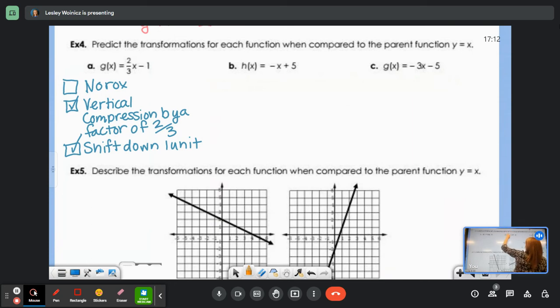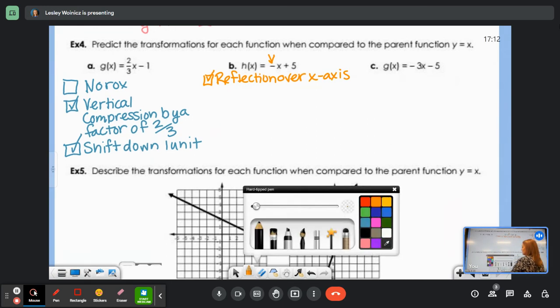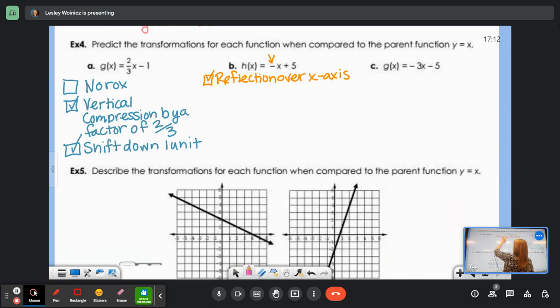All right, the first thing I see is that we have a negative slope. So a negative slope tells me that I have a reflection over the x-axis. Okay, the next thing I see is that it's just a -1. So I'm not multiplying by 2 or 1/2 or 2/3 or anything.